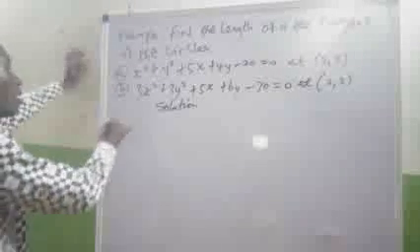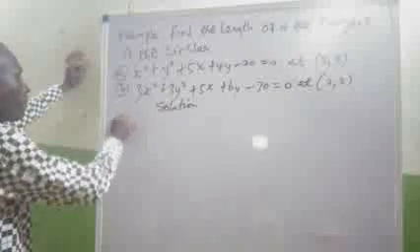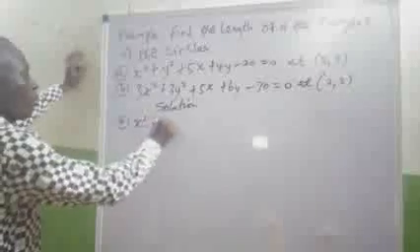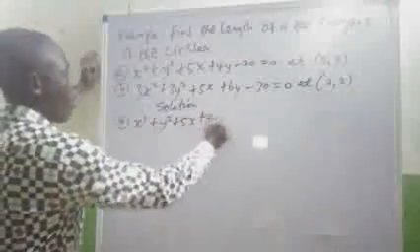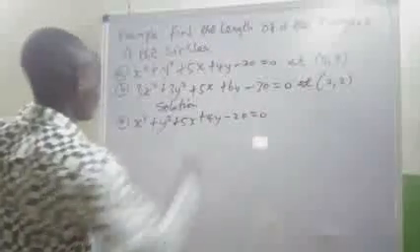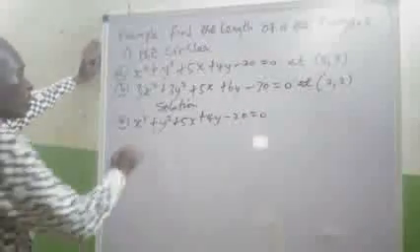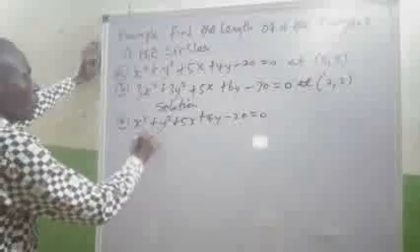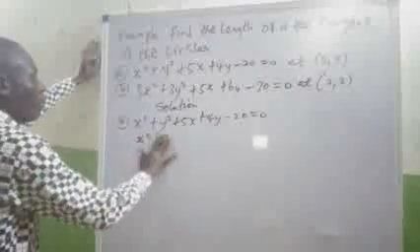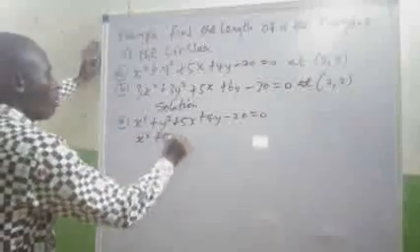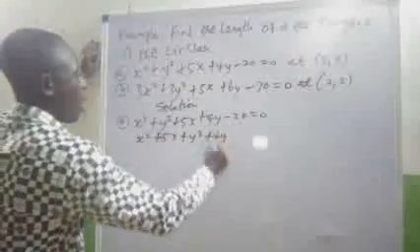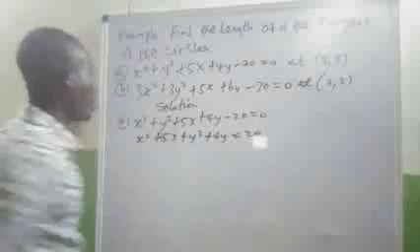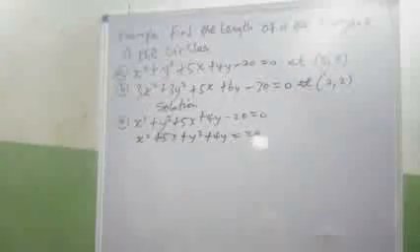We have x squared plus y squared plus 5x plus 4y minus 20 is equals to 0. This is the same thing as x squared plus 5x plus y squared plus 4y is equals to 20. So, to get the center, you know what to do?